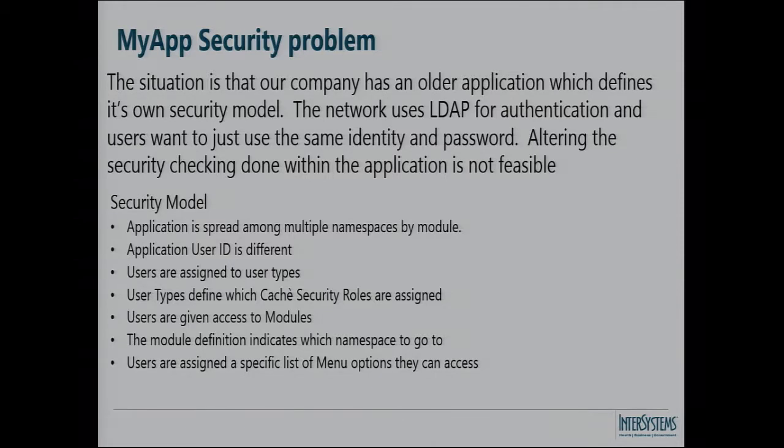We have user types that define the Cache security role, so they have a little interaction with the Cache security model. And finally, we have to tell the security model of the application which modules they're allowed to access and which menus within those modules they're allowed to access. And by module, we also know what namespace we're supposed to start in.